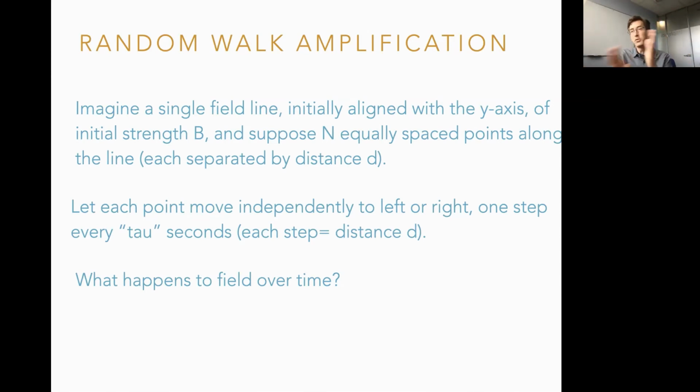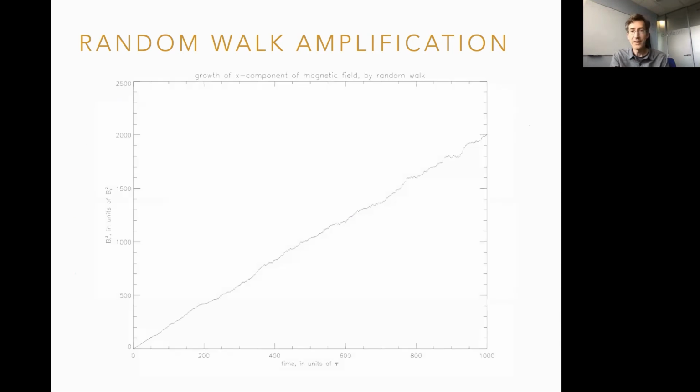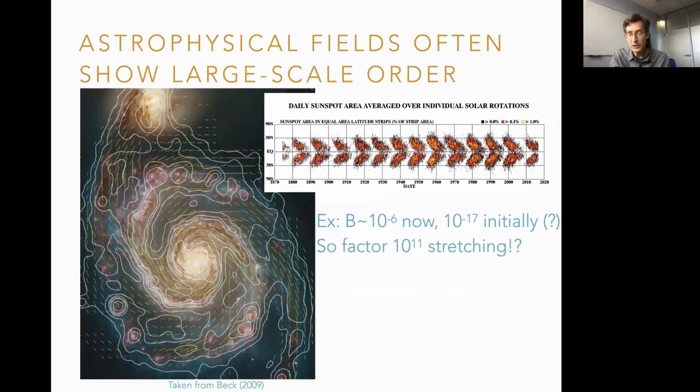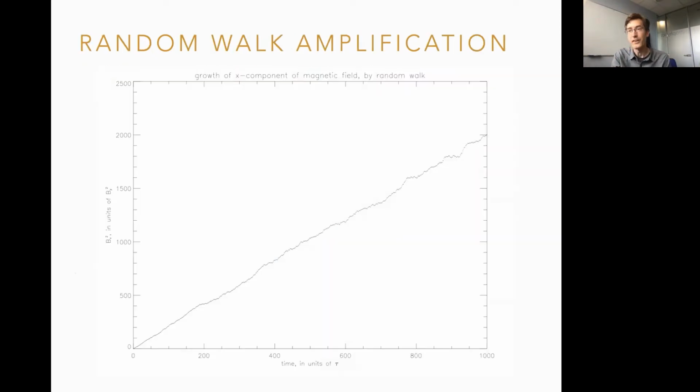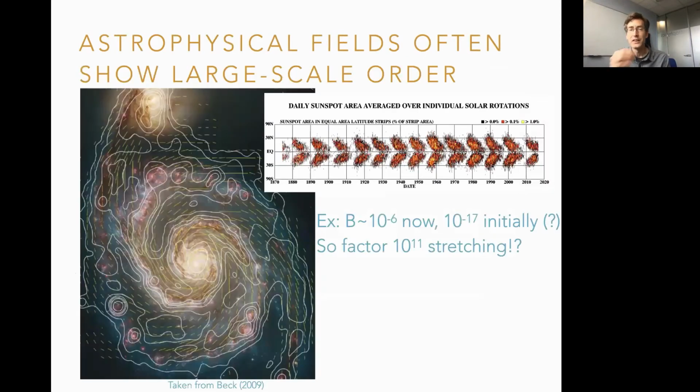And they move some distance d. And I watch what happens to the field over time. The point is that the field energy, B squared, will grow on that random walk timescale. And that's interesting. So effectively, any motion that stretches the field will amplify it.